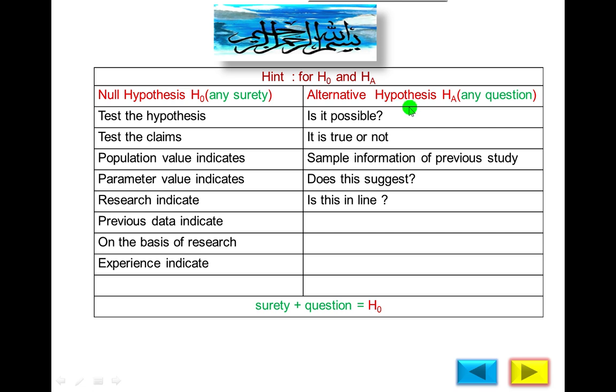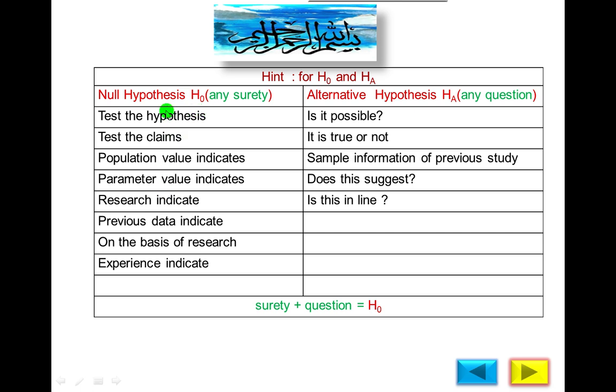So the most important thing: how will we decide whether the statement represents the null hypothesis or alternate hypothesis? These words indicate the null hypothesis and alternate hypothesis. This is the hint for selection of the value or statement or condition of the null hypothesis and alternate hypothesis.